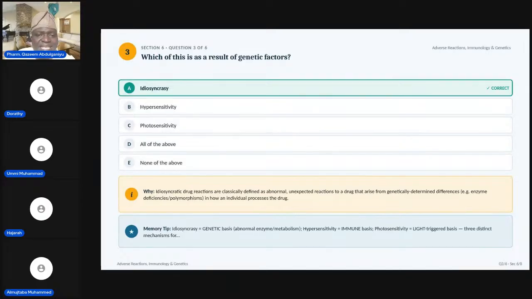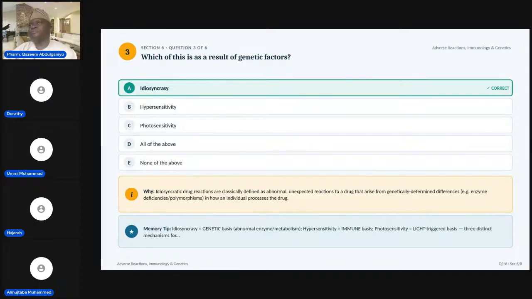Which of these is a result of genetic factors? Photosensitivity, meaning that you are sensitive to light, might not be because of genetics. It might just be a particular thing that you are going through at that point in time. Hypersensitivity is likely, but idiosyncrasy is more likely, because everybody is behaving one way, but you are behaving differently.